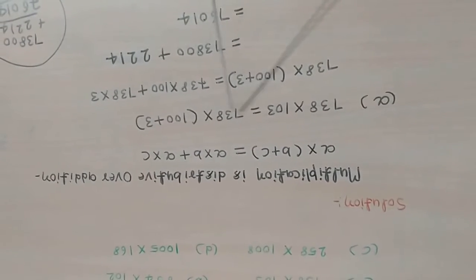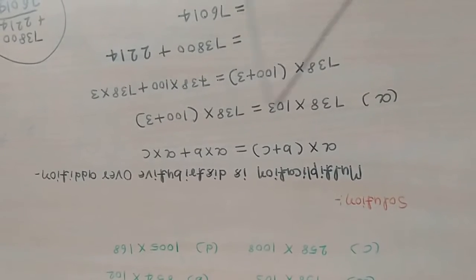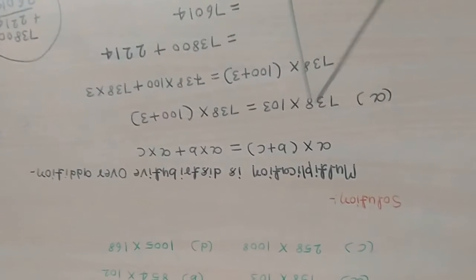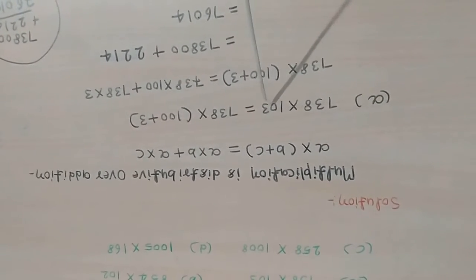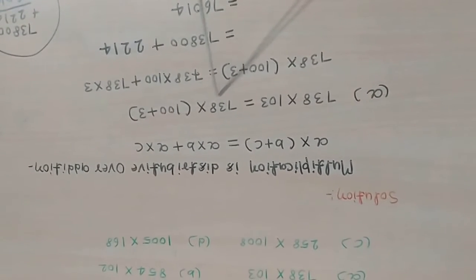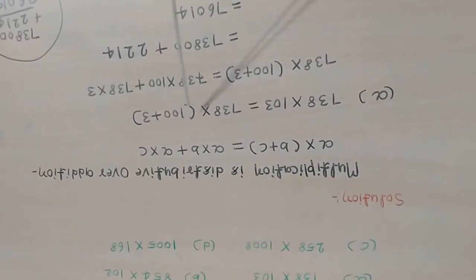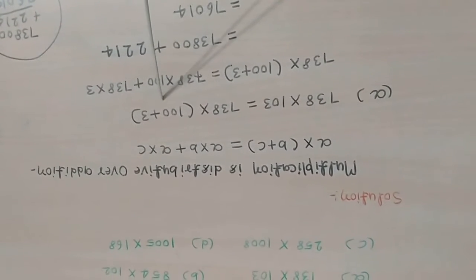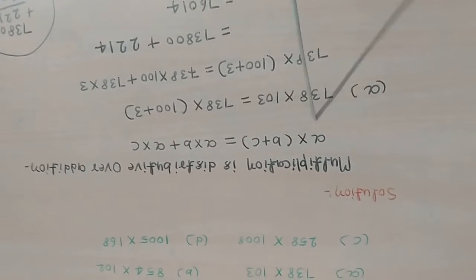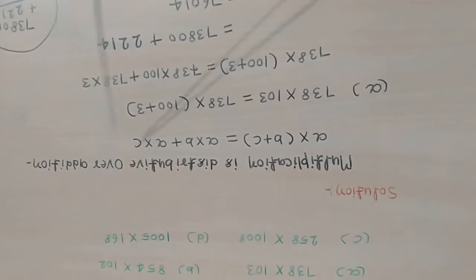So 738 into 103 is equal to 738 into (100 plus 3). We break 103 in this form and use the property that multiplication is distributive over addition.